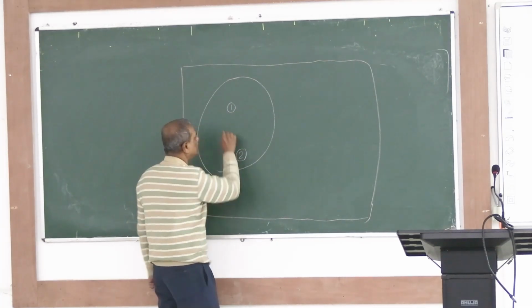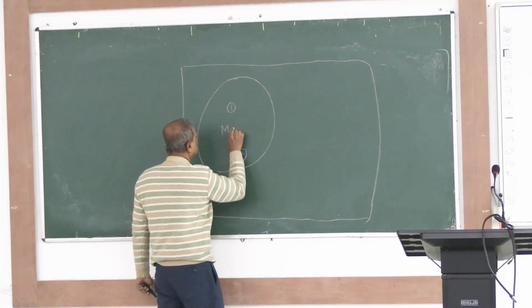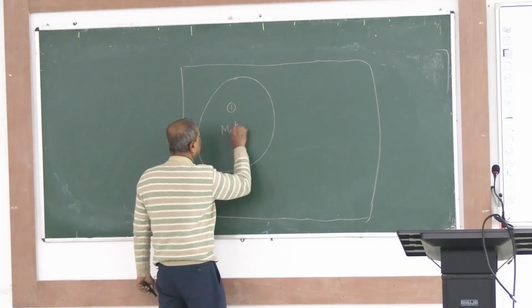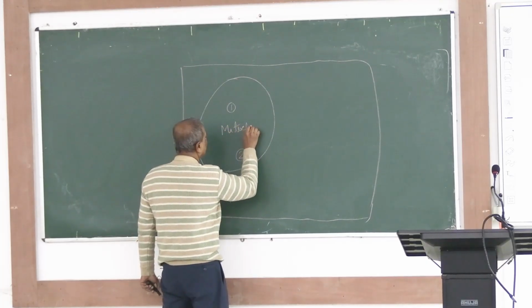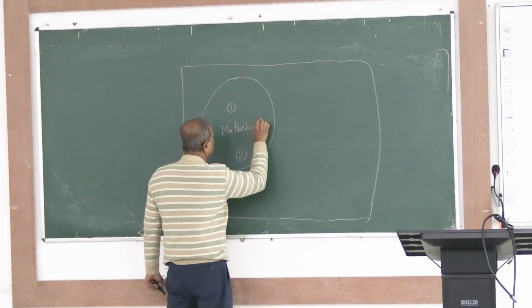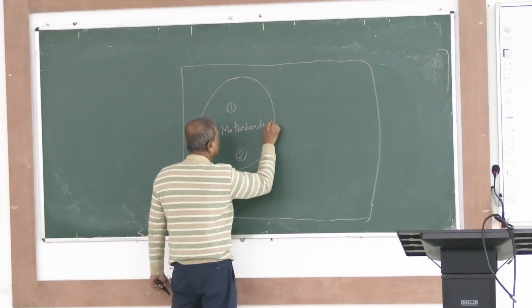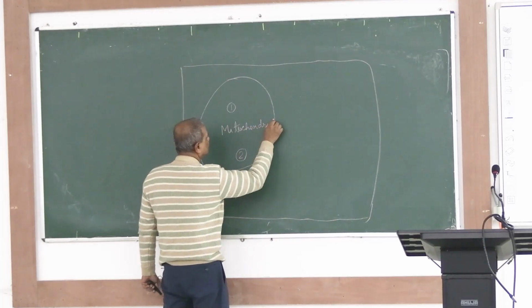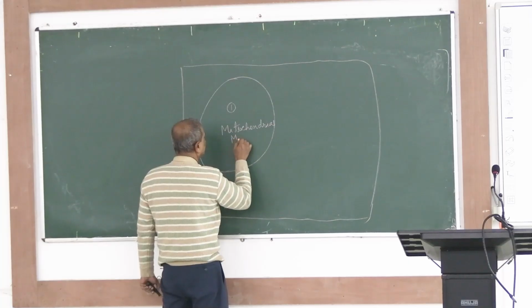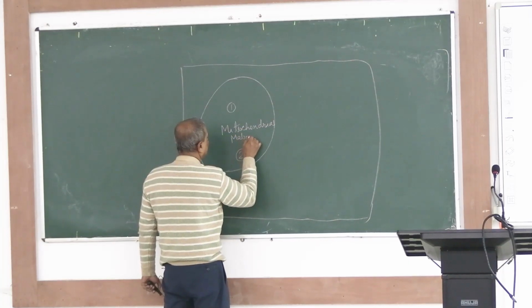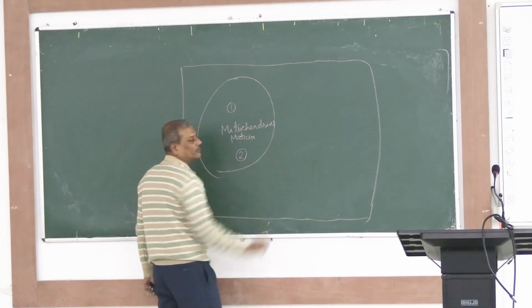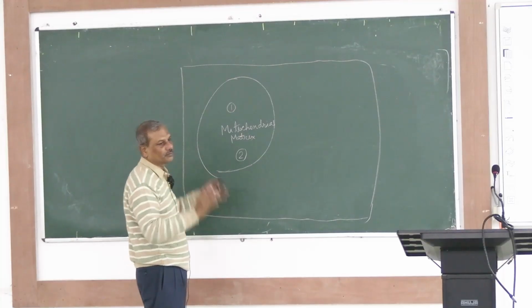The first two steps occur within the mitochondria. Mitochondria means the mitochondrial matrix, not the inner membrane, not the outer membrane, but within the matrix.